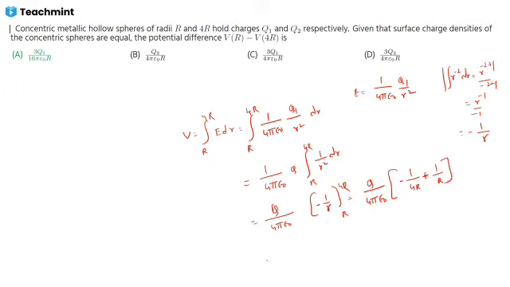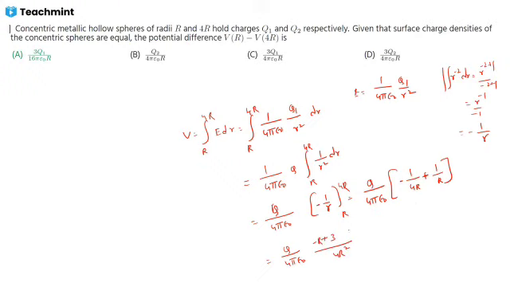Now if you further simplify this, q divided by 4 pi epsilon naught, taking the LCM 4r, it will be minus 1 plus 4, right?